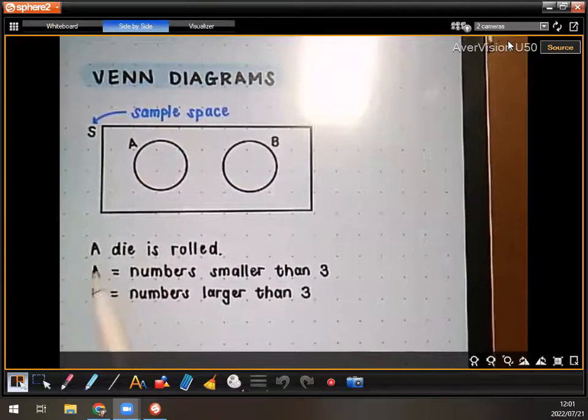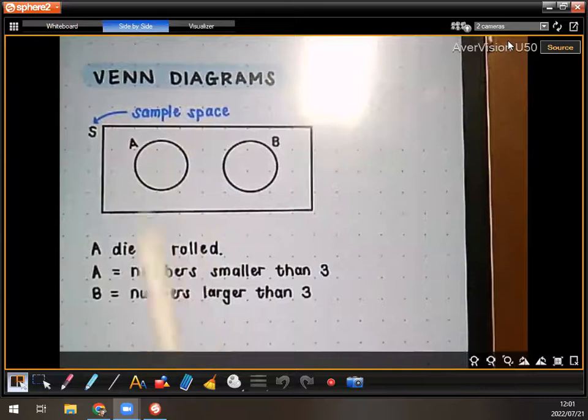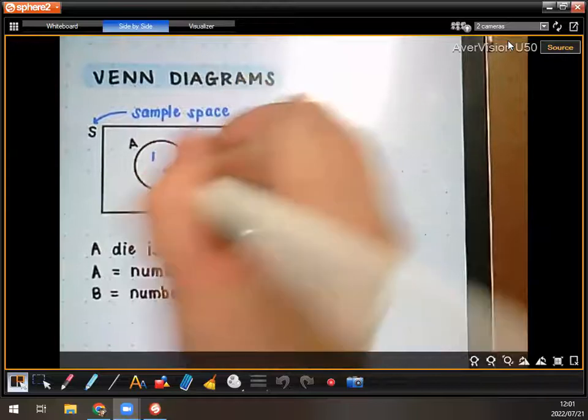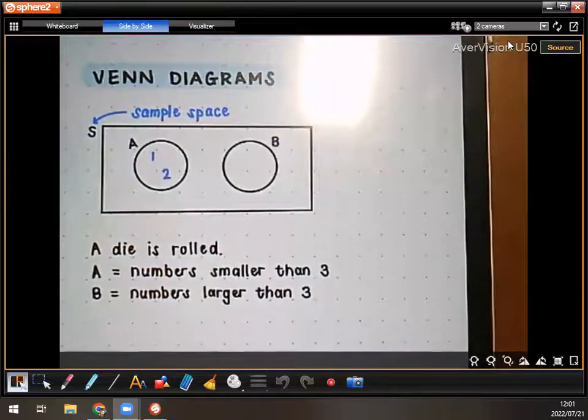So circle A represents the outcome numbers smaller than 3. Now, which numbers, if you're rolling a die, are smaller than 3? 1 and 2. So just put 1 and 2 wherever in that circle. Those two numbers fall into event A.